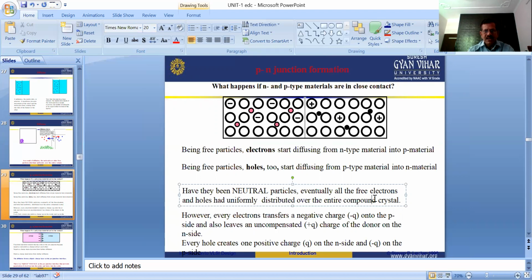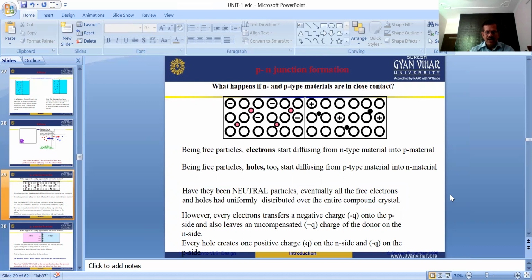Being free particles, electrons start diffusing from n-type material into p-type material. Being free particles, holes start diffusing from p-type material into n-type material.